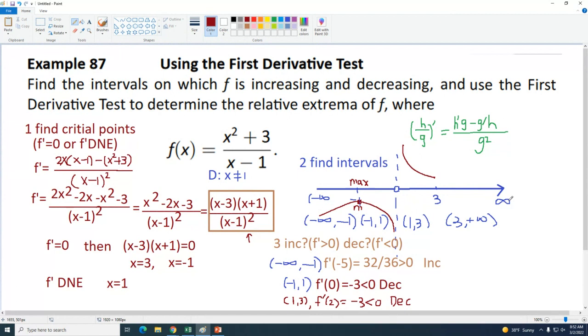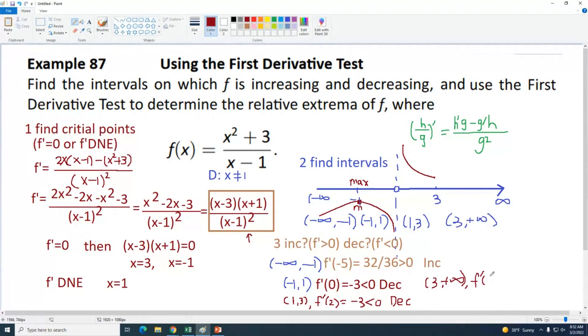I'm guessing it's increasing again, but you can confirm that by your own calculation. The last interval is 3 to +∞. Again, if you want to confirm increasing or decreasing, you pick a number. What number do we pick to verify? 4.